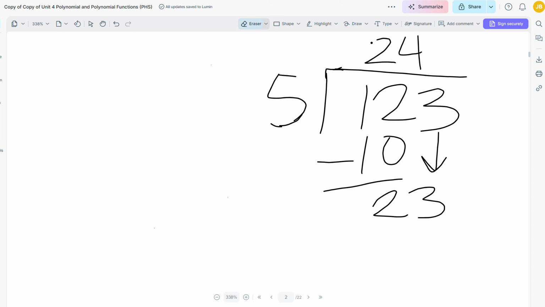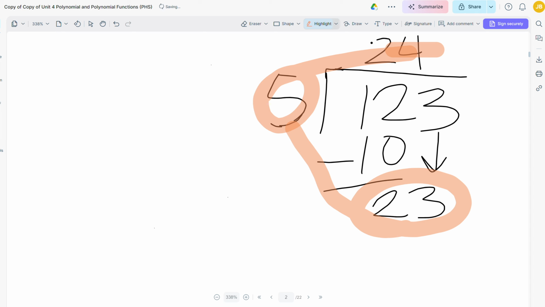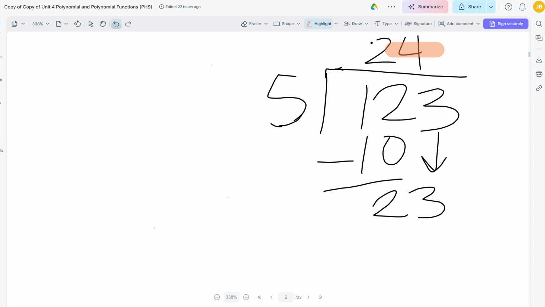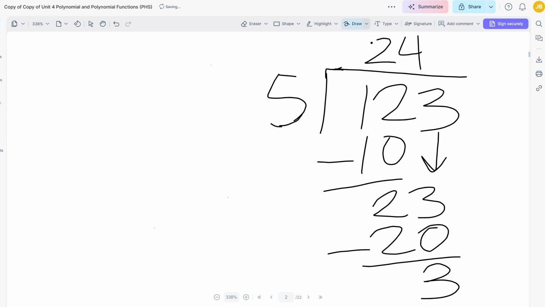So this would be 4 times 5 gives us not 23, but it would give us, in this case, 20. Okay, now we're going to go ahead and subtract, and what ends up happening here is that we have a remainder of 3.